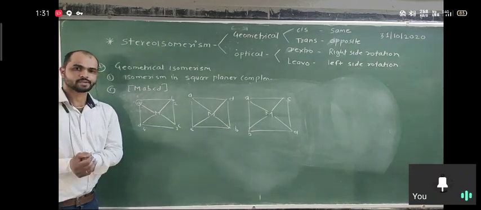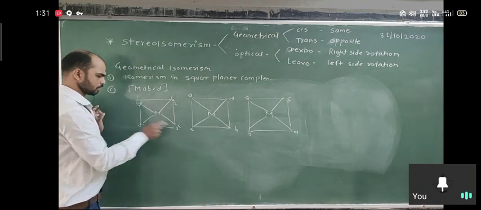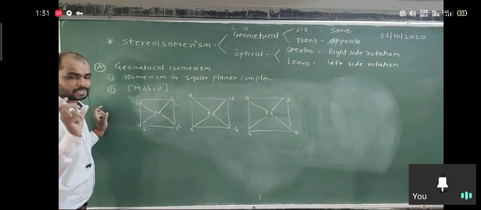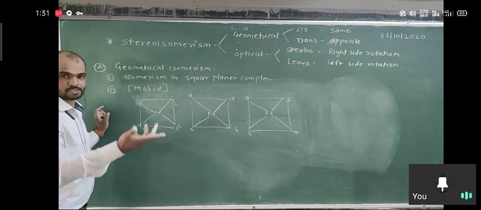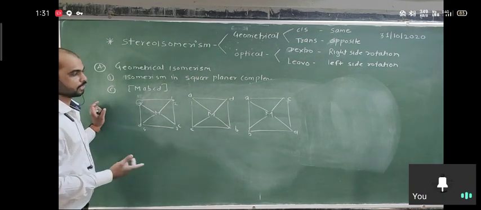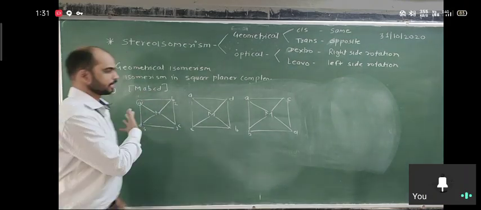So how do you rotate? Just hold one position. You can hold this one, this one, this one, any one. You hold one ligand in place and just rotate the other three. You get the different isomers. So this way the complexes have three possible isomers, and here we draw them.